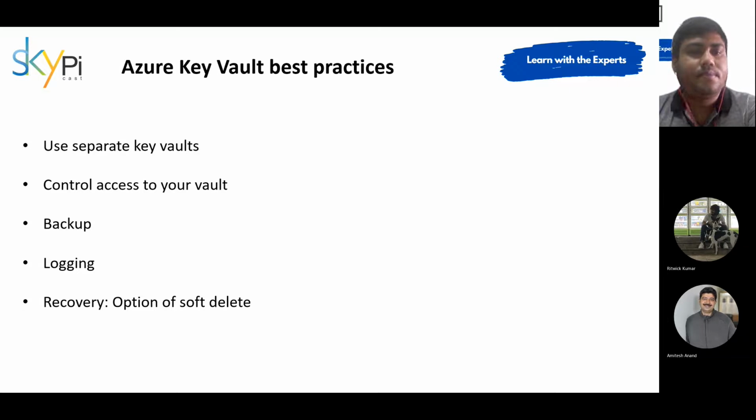Some example for why we should use this: let's say I have two applications, and those two applications try to fetch data from two different databases, and those secret connection strings are stored in one place.